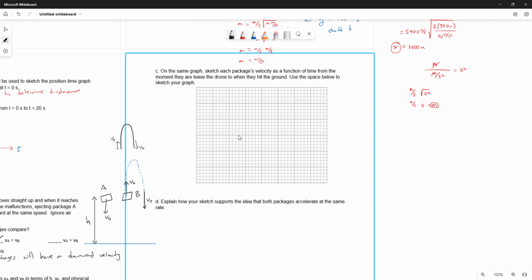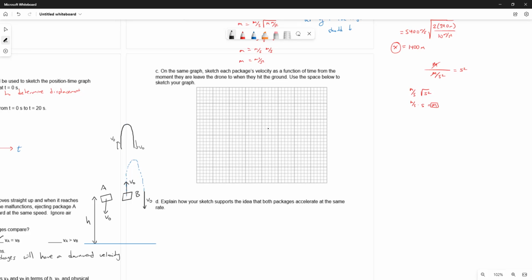For C, we're supposed to sketch the graph of each package's velocity as a function of time from the moment they leave the drone until they hit the ground. Okay, so I'm going to draw my 0 velocity right down the middle here.